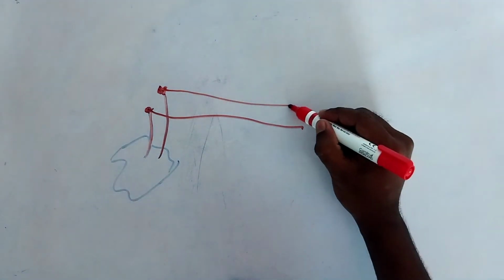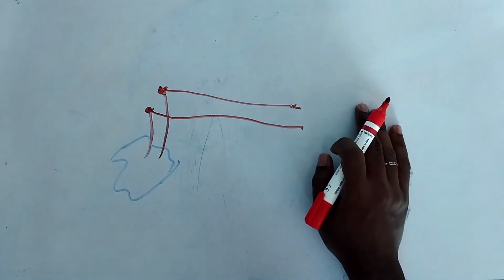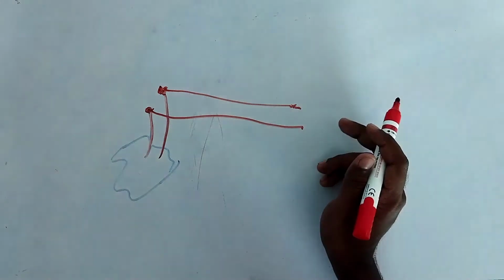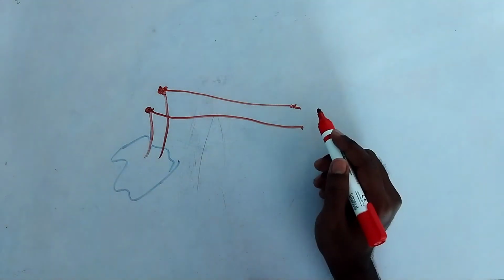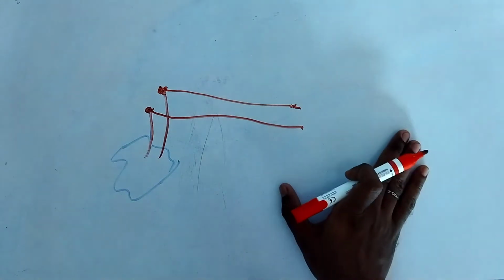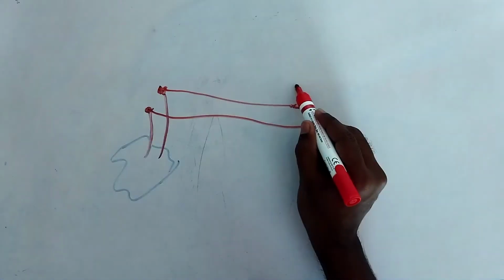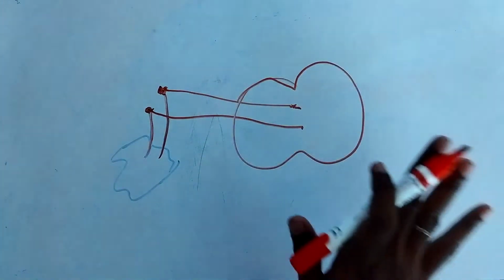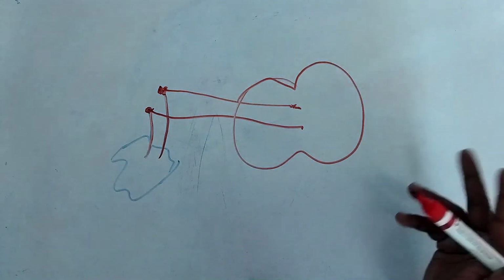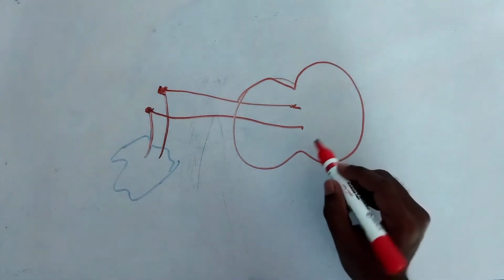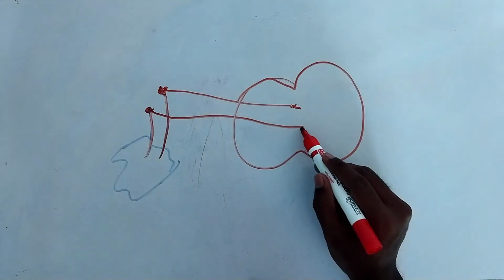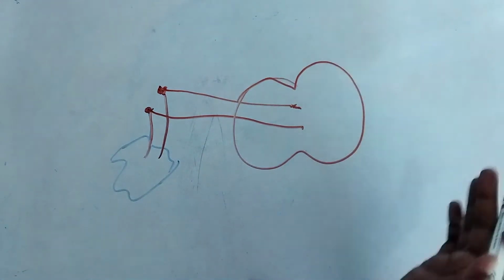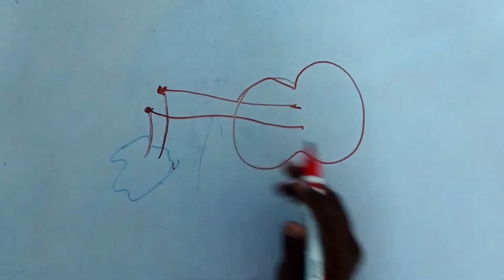Together these form the second order neurons, and these two together enter into the spinal cord. In the spinal cord also there are two types of pain fibers: fast pain is carried by the marginal nucleus and slow pain by the substantia gelatinosa, same as in the first order neuron.